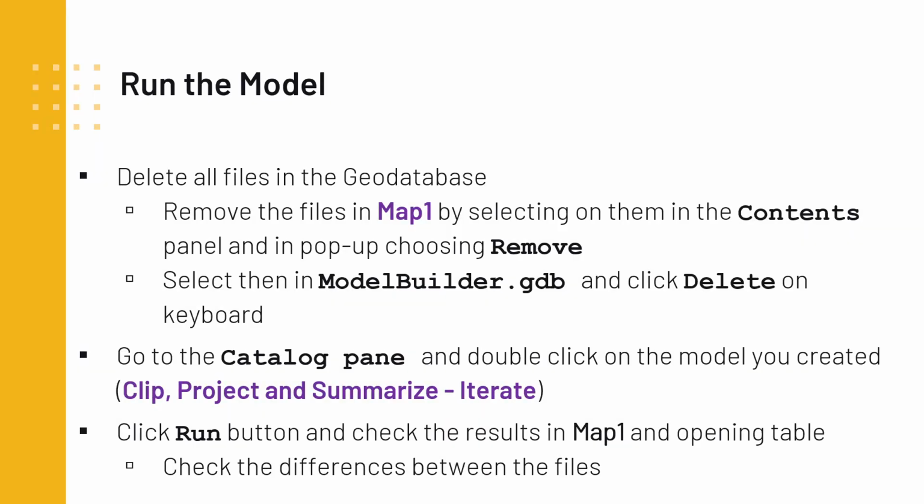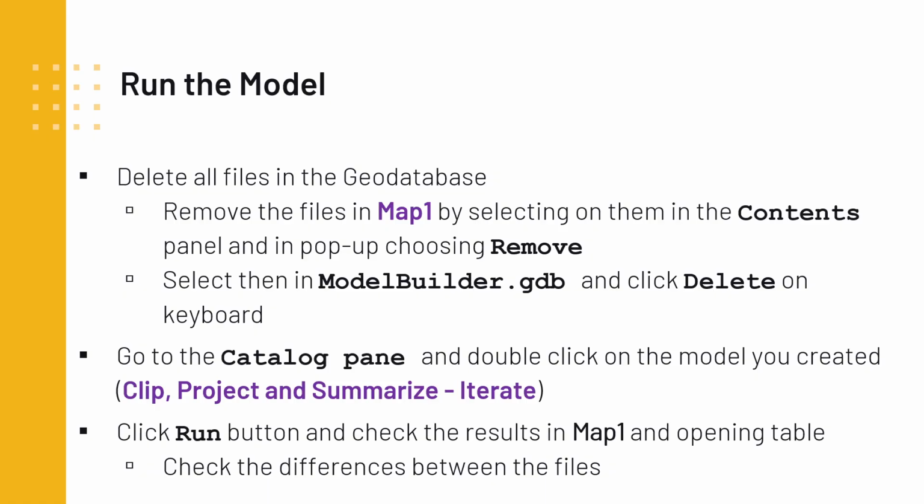Now we want to run the model with the iterator to make sure it works. So we're going to remove everything in our geodatabase as well as in Map 1. We're going to start by removing things in Map 1. In the contents panel, you're going to select all of the files on the left-hand side. In the pop-up, you're going to choose the remove option.